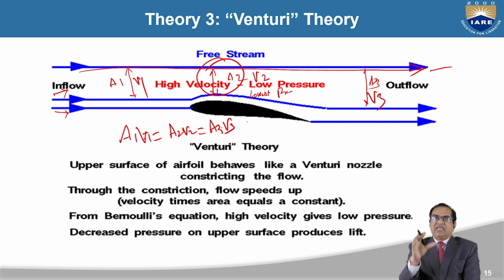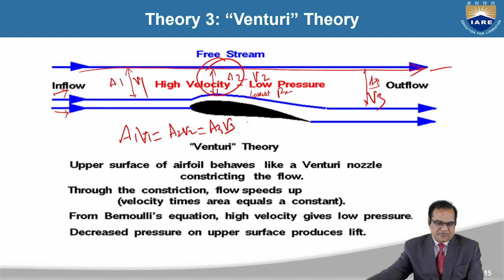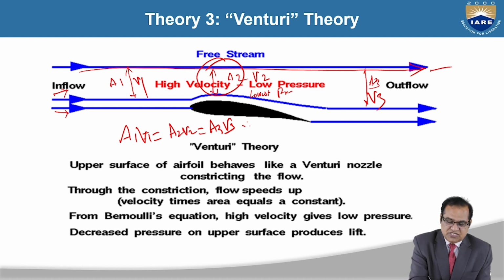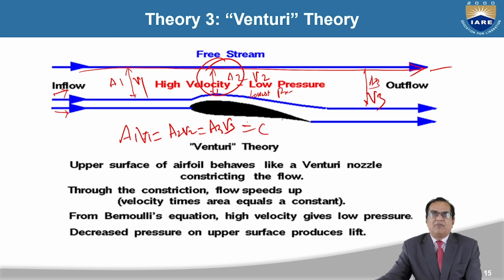By conservation of mass, if the area is reducing, velocity has to increase. If the velocity is decreasing, area has to increase, and vice versa. From Bernoulli's equation, high velocity gives low pressure, and decreasing pressure on the upper surface produces lift. So this is another theory.